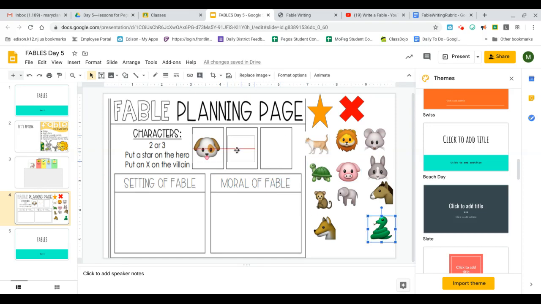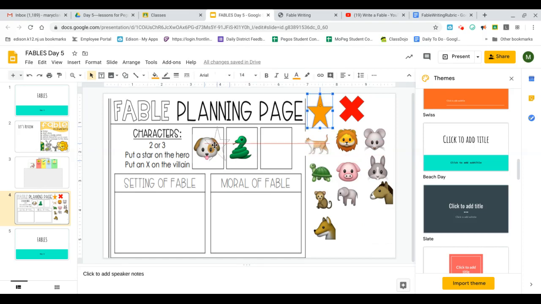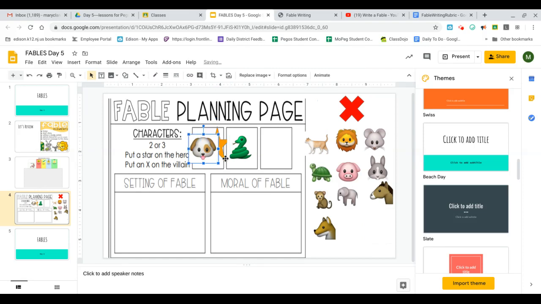And of course, we can always go back and change and add to this, okay? But now when I think about this, I'm going to think about my hero and my villain. So I'm going to make my hero the dog, and I'm going to drag over my star. And it's okay that it's in the back. It doesn't matter. I can see that there's a star there. And I'm going to make my villain the snake.